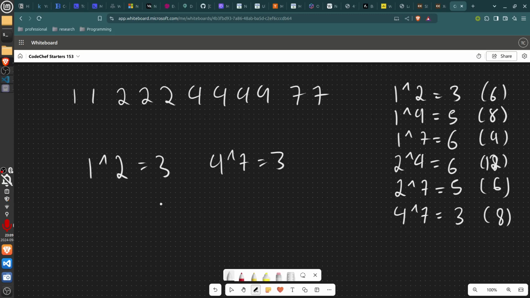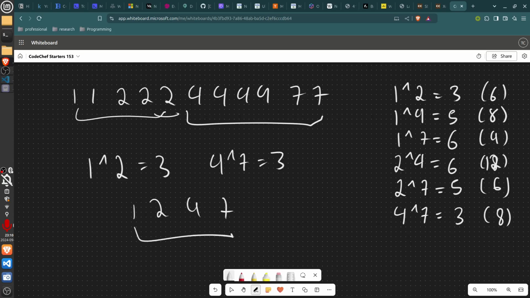So if you look at that, that's all the elements right here. Before, it was easy to count this because you would just say, I have 1, 2, 4, and 7, and how many ways are there to arrange this, right? First off, you would have had only 2 pairs, and then it would have been pretty easy from there.